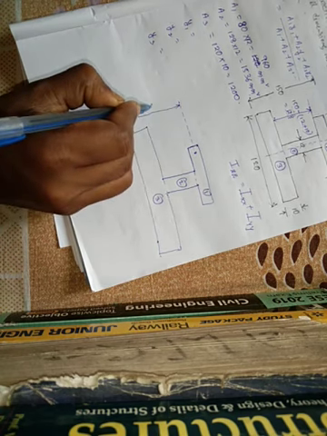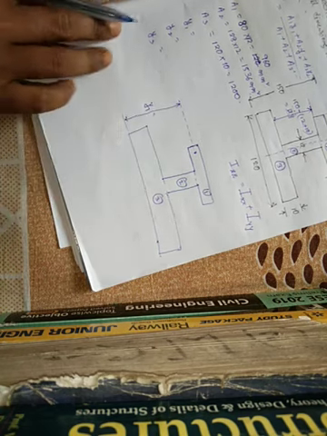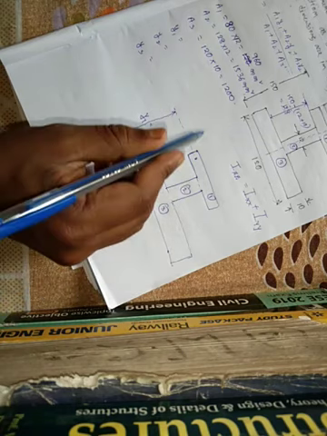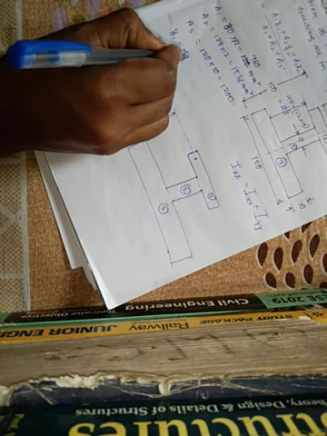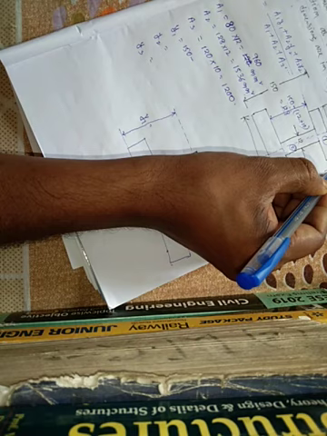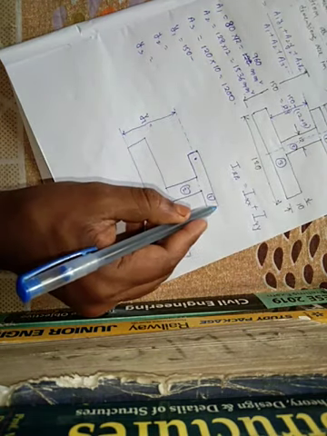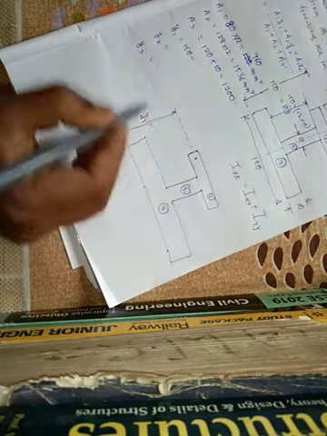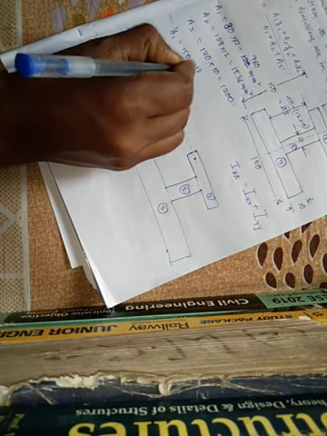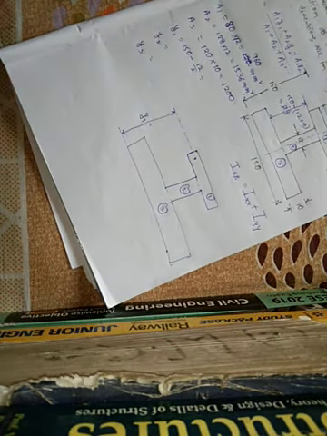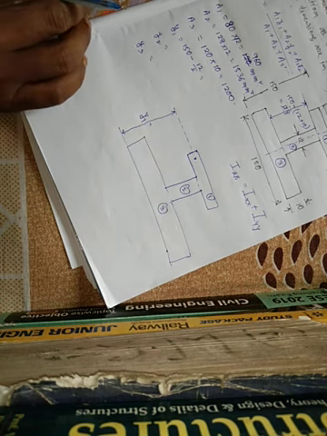Y1 is equal to 150 minus 12 by 2, since the total height is 150 and the thickness of the top flange is 12, which is equal to 144 millimeter.